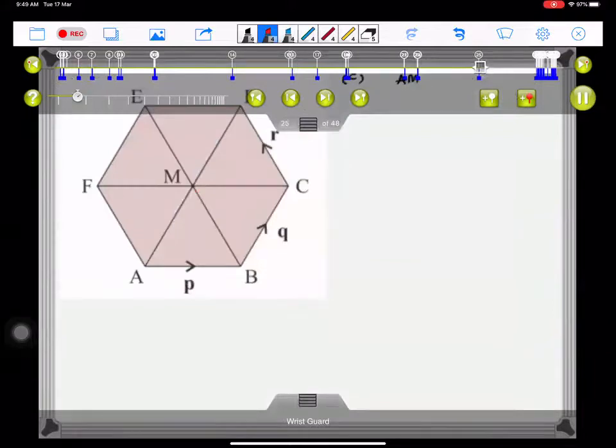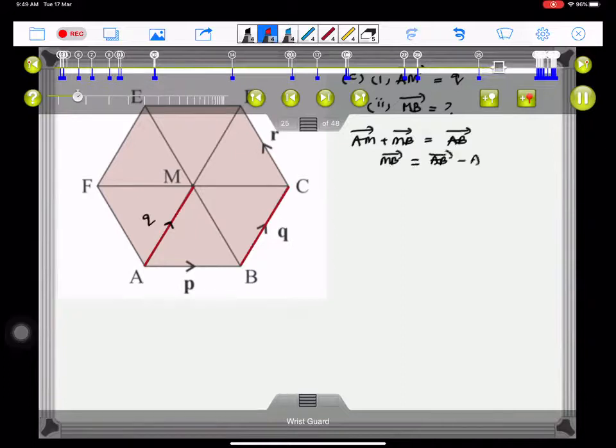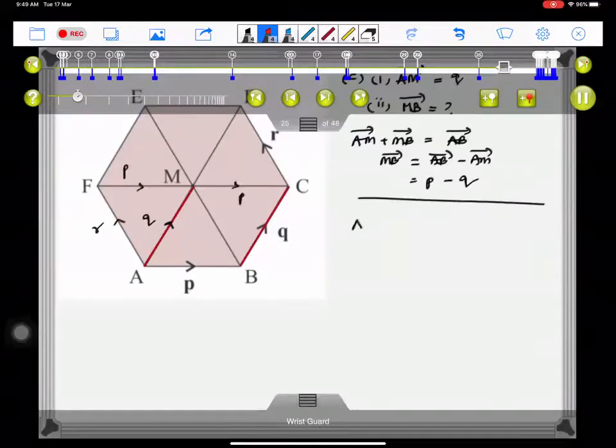Now on this page, MB. I could have found it directly also, but I was thinking in terms of addition of vectors. AM plus MB is AB. AF plus FM is equal to AM.